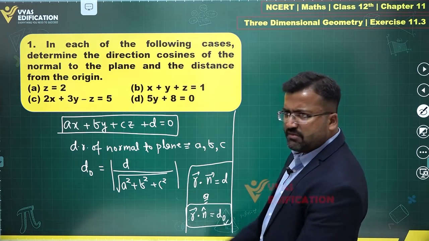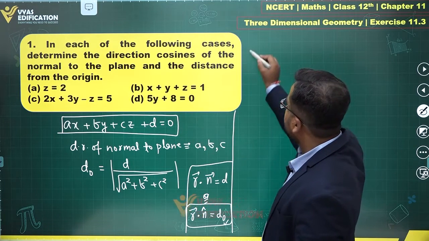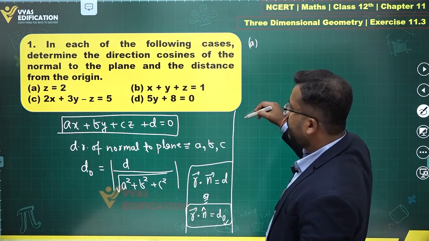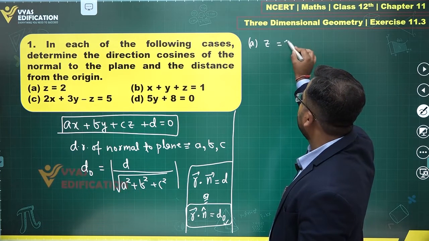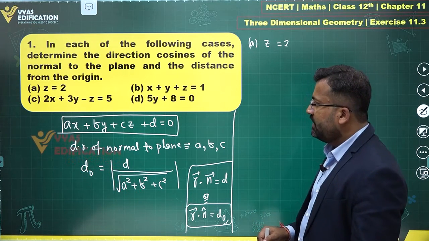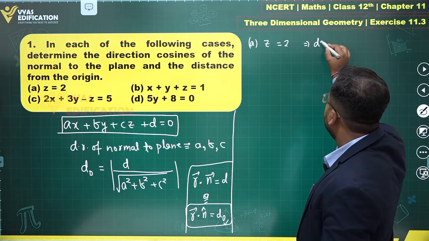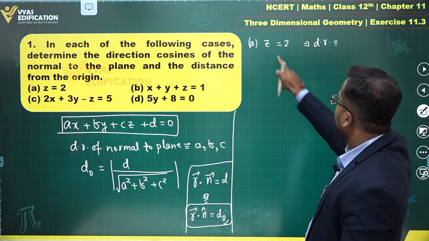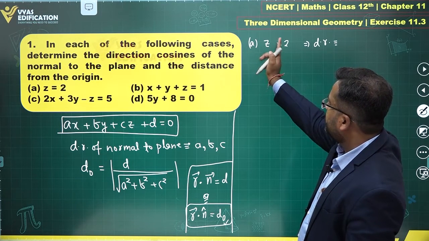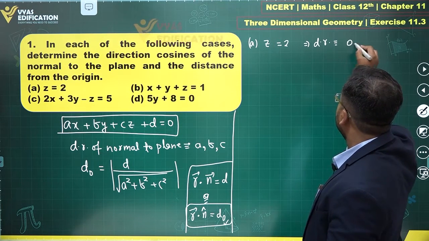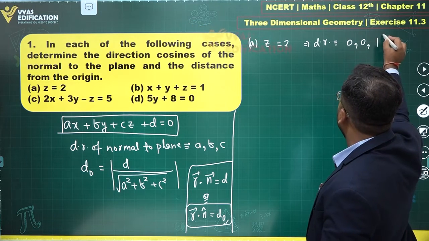So with this much amount of information, and for the Cartesian form, can we deal with z equals to minus 2? For this plane, the direction ratios of the normal, you can see the coefficient of x is 0, the coefficient of y is also 0. So 0, 0, the coefficient of z is 1.